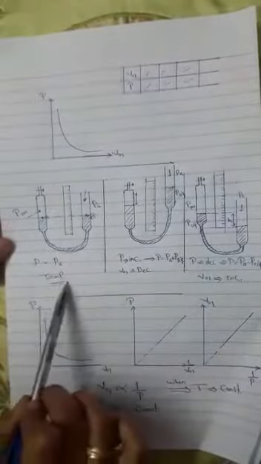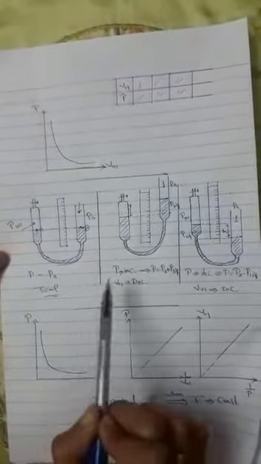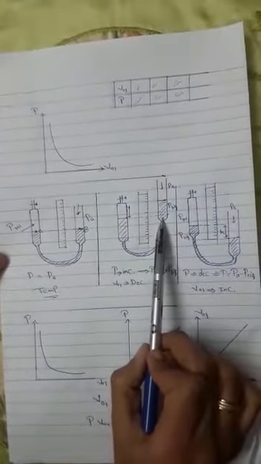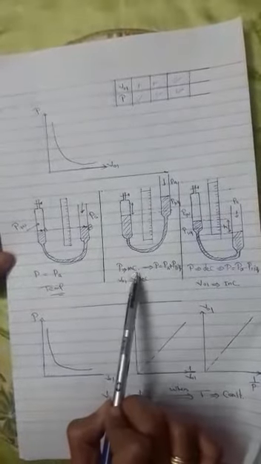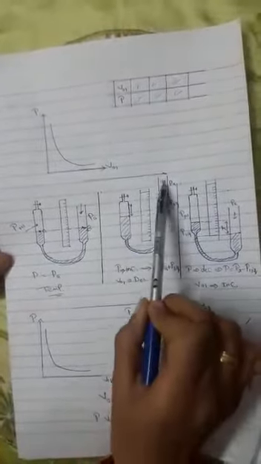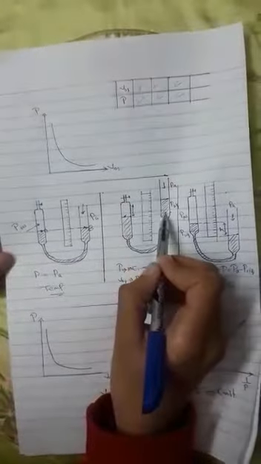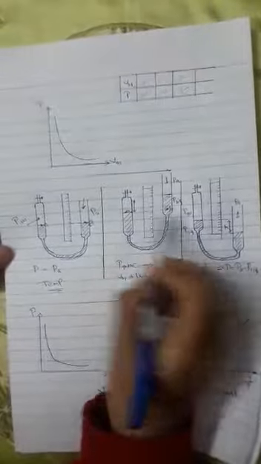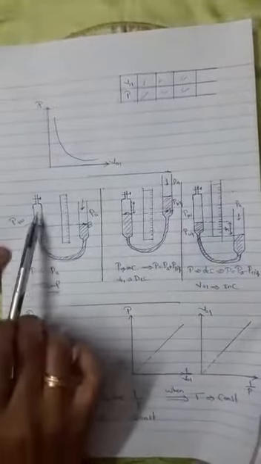This experiment is at constant temperature. To increase pressure, we lift the right tube upward. So pressure equals air pressure plus the pressure of this liquid, because the pressure at the two points A and B is equivalent. So the volume of the enclosed gas decreases compared with the first case.